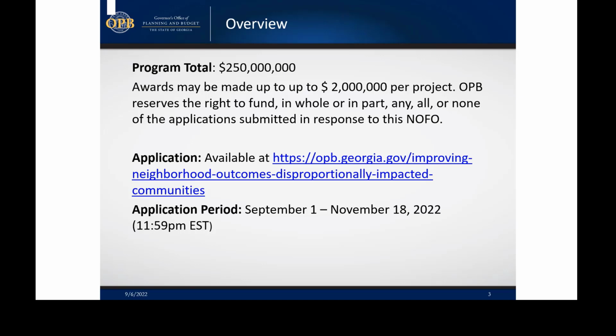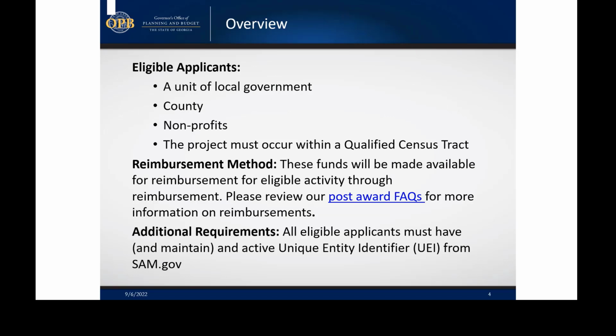The application opened on September 1st and will close on November 18th at 11:59 p.m. Eastern Standard Time. Eligible applicants include a unit of local government, county, nonprofits, and the project must occur within a qualified census tract.